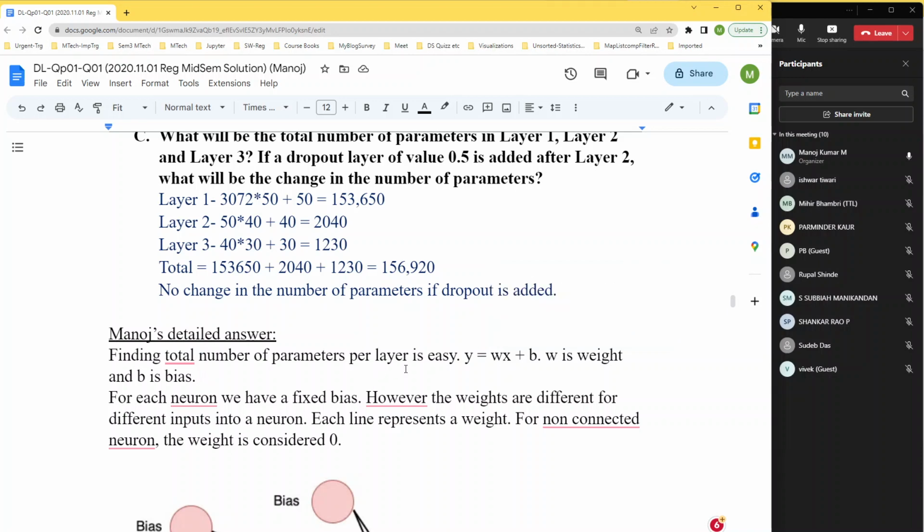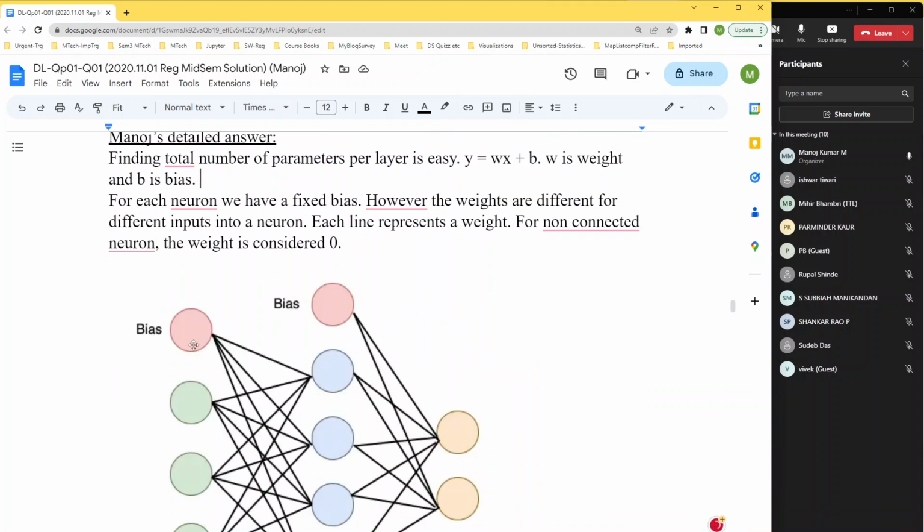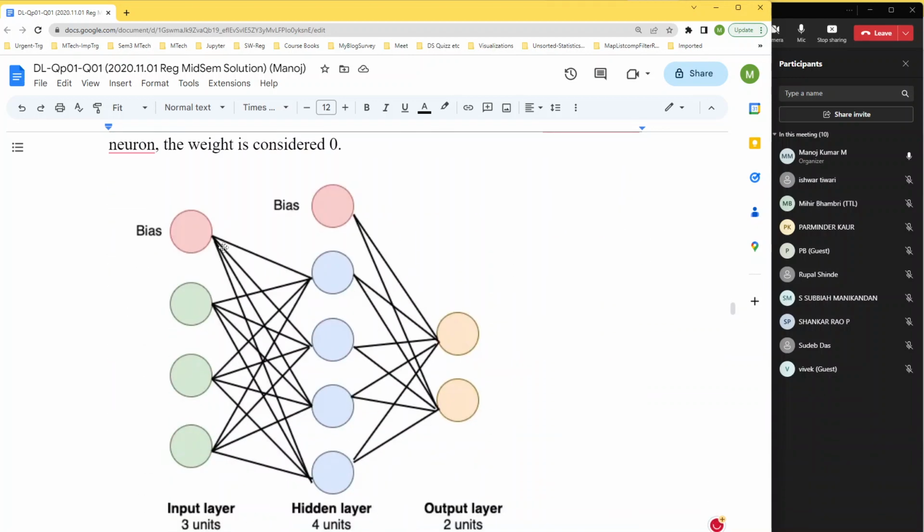So how are you finding the weights? This is the input, for example, and each line will be a weight. Somebody was asking how the initial lines are interconnected. This is a dense network: this is the input layer, this is the output layer, and this is a node. This is not deep learning, just a normal neural network.